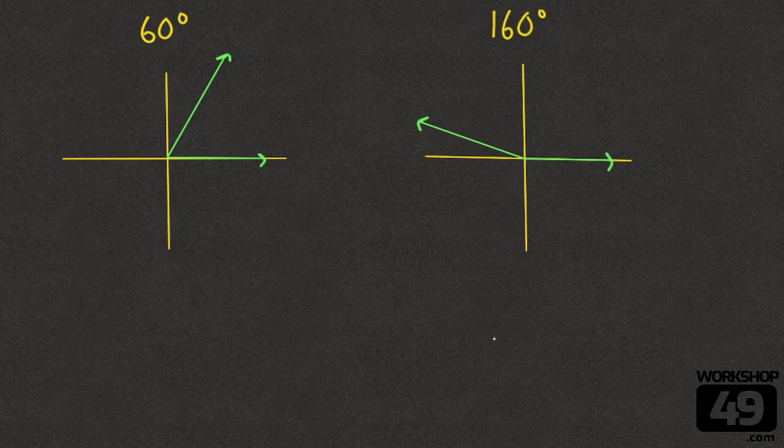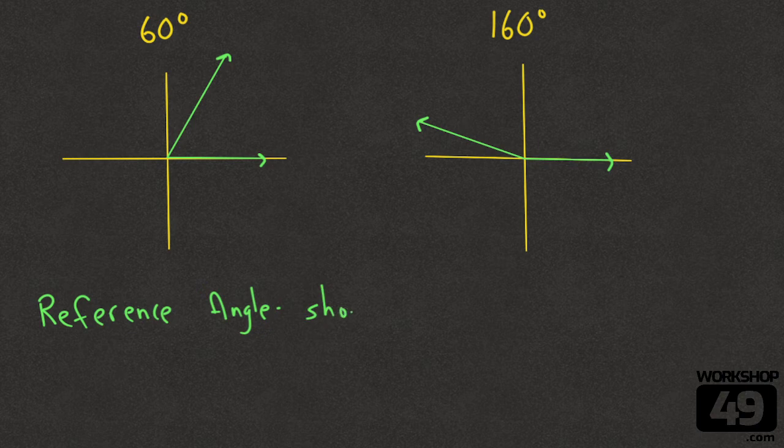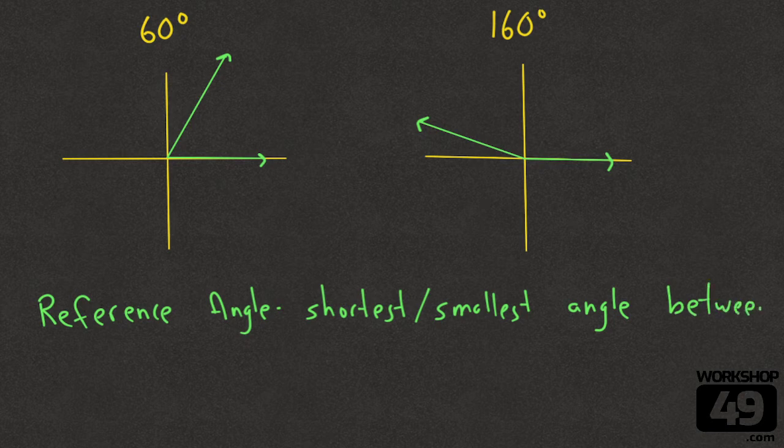What we need now is a reference angle. A reference angle is the shortest, the smallest angle between the terminal arm and the x-axis.